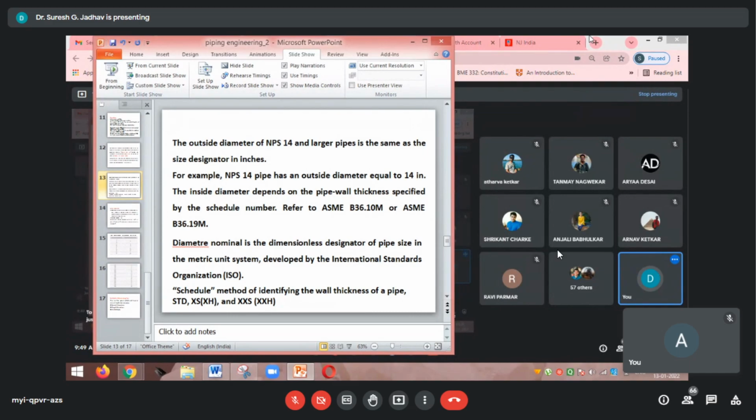Here a single X, XS, means a single layer, and if you consider double X, it is stronger compared to single X. If you consider that kind of designation, it is mentioned in ASME B31.3. So we can refer to different kinds of standards for piping engineering or process engineering.